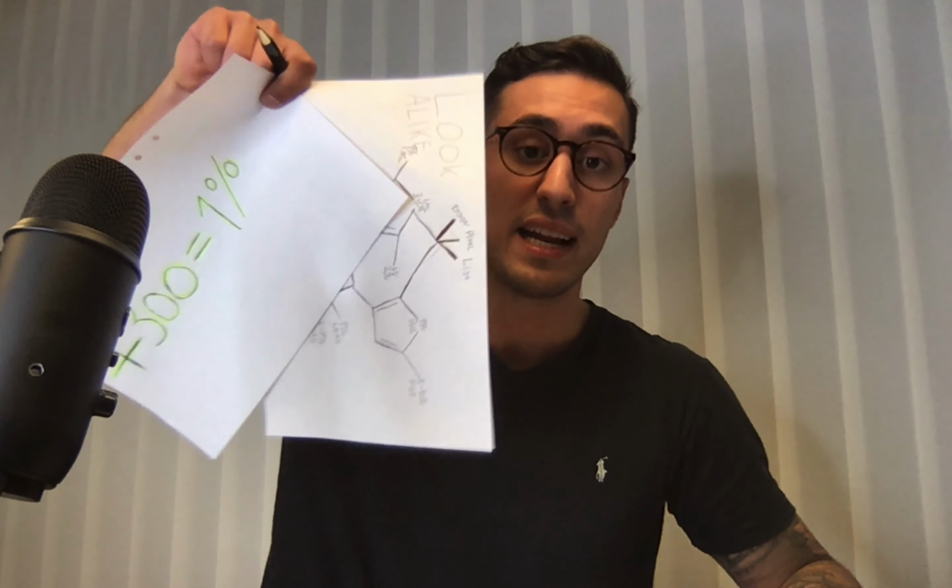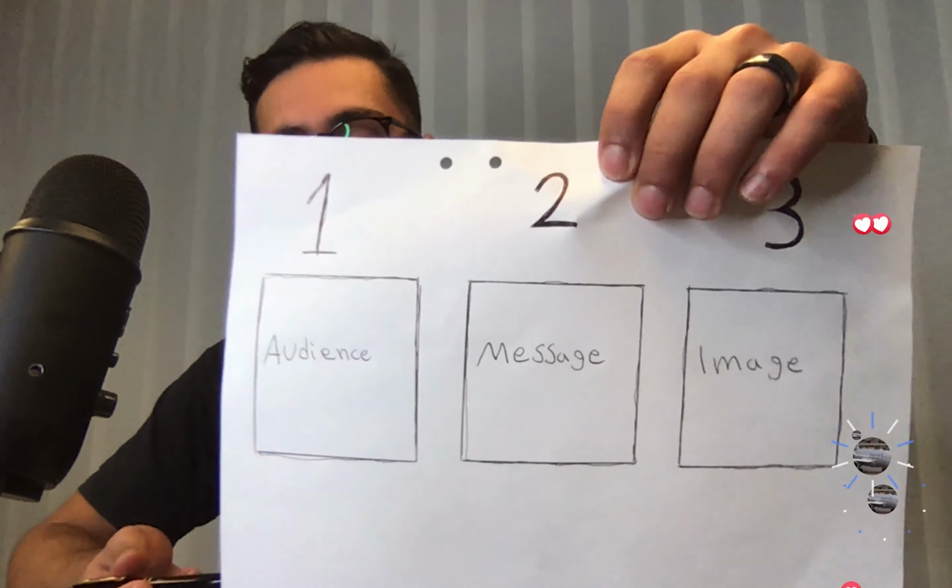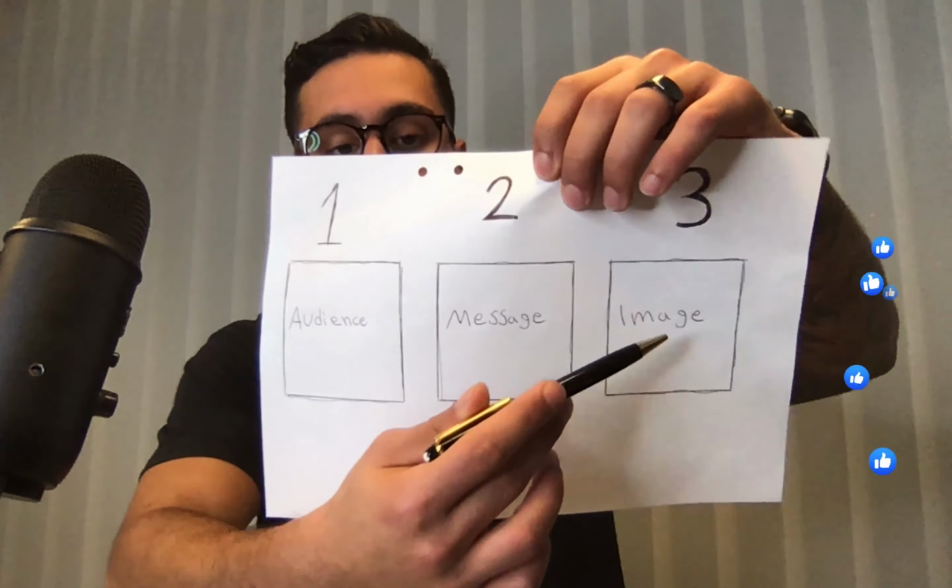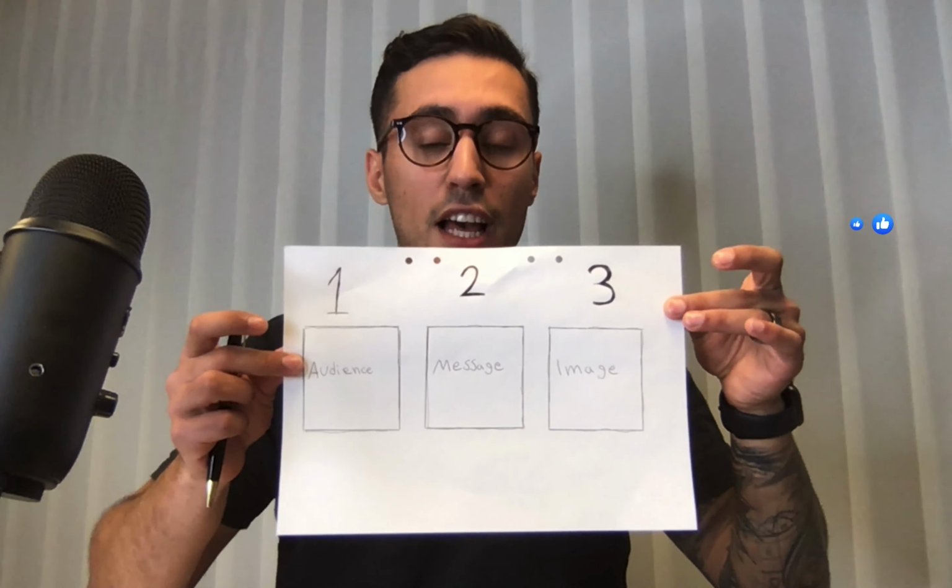Let me know in the chat. Of course not. And that's the biggest problem today, guys. People focus too much on this. Now, this is important, but it only works if your audience, message, and image are aligned. If they aren't aligned, you're never going to make a dime on Facebook. I don't care if you're using retargeting, CBO, ABO, scaling. It doesn't matter. Guys, let me know, do you understand that?